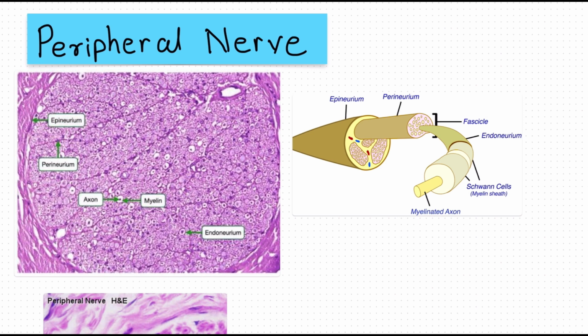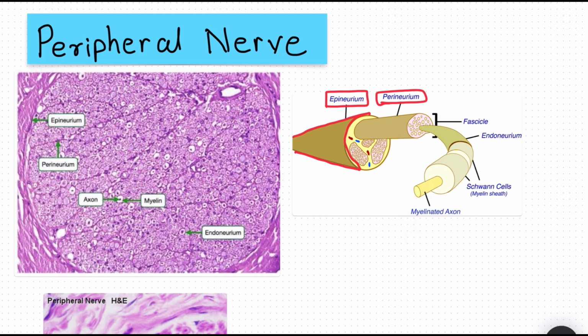Now let's see the diagram of peripheral nerve. So as we saw in previous lectures, the peripheral nerve has layers. The outermost layer is epineurium. Okay, this outermost covering is called epineurium. And then inside it there is perineurium, which consists of fascicles.